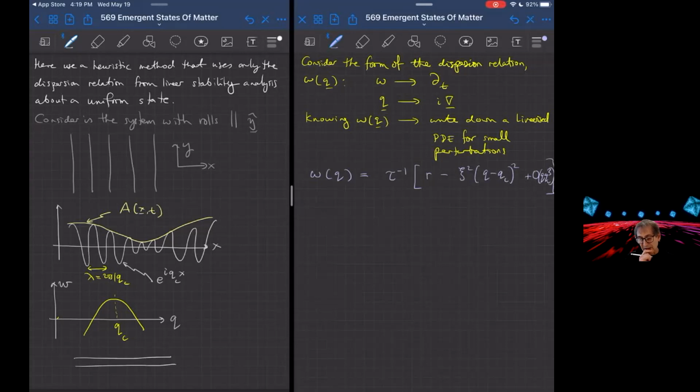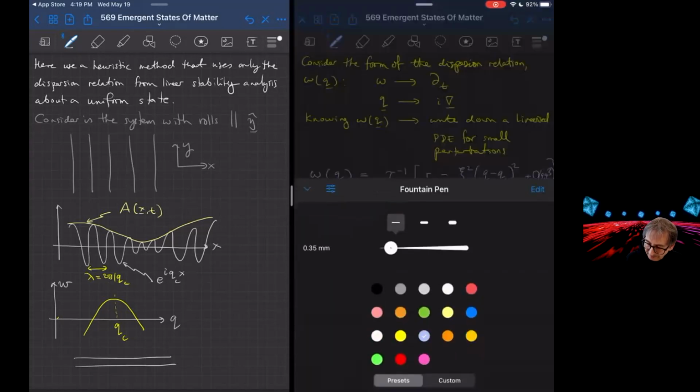This is just a functional form which is peaked around q_c, and the motivation for this is that the dimensions of omega are inverse time, and the dimensions of q are inverse length, and so we have a time scale tau and some kind of spatial scale xi.